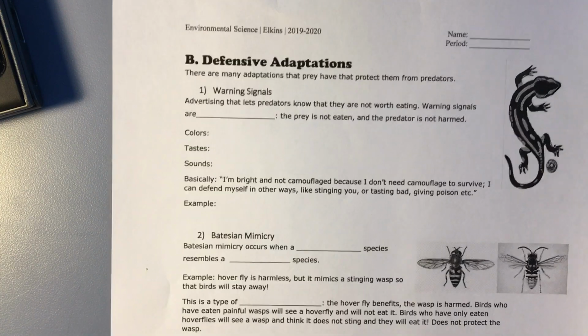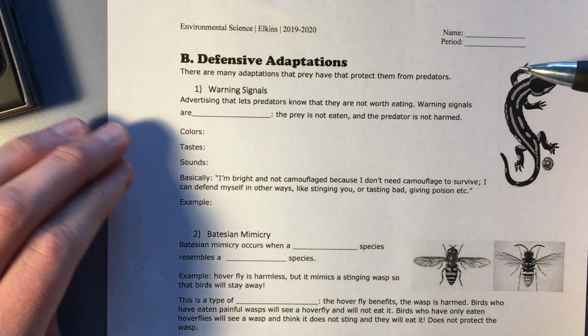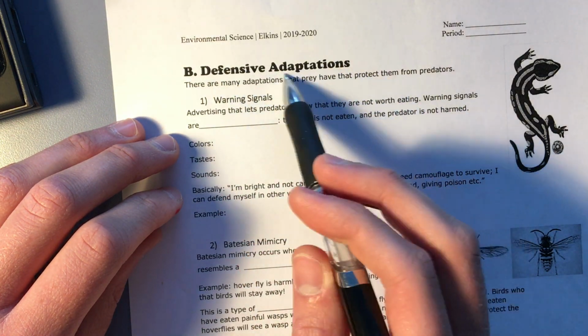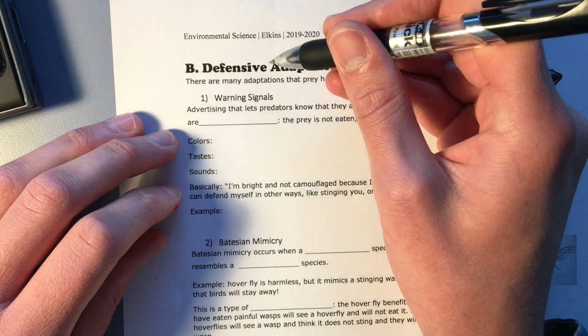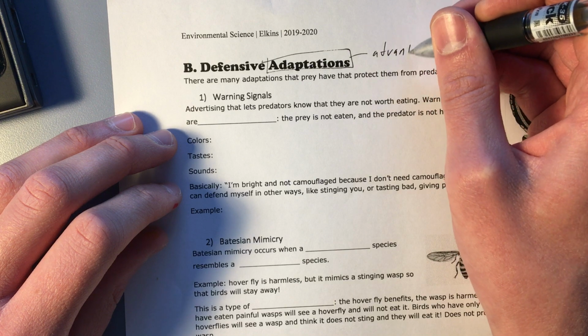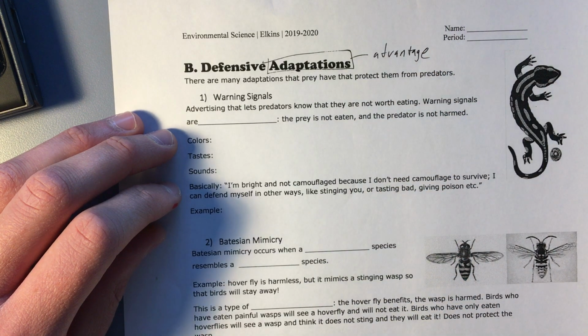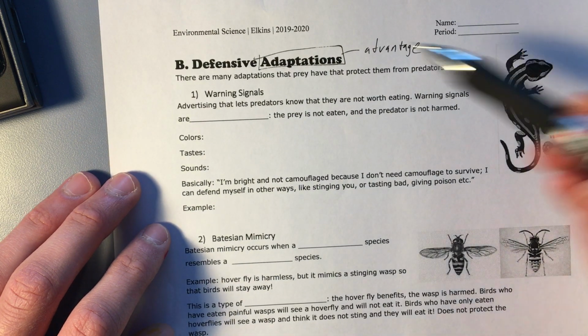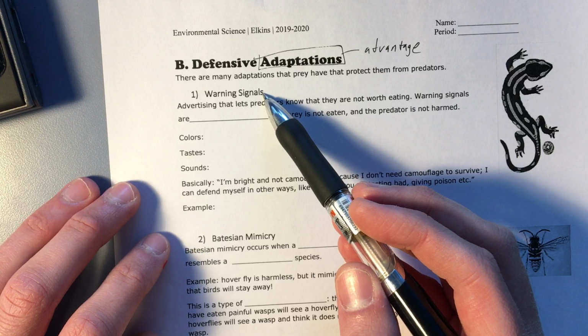Let's apply some of these concepts to something that's really interesting with different adaptations that prey use to defend themselves against predators. So remember, an adaptation is basically any feature of an animal that gives it an advantage where it lives. Okay? So one such thing that we talk about is warning signals. So warning signals is a defensive adaptation.